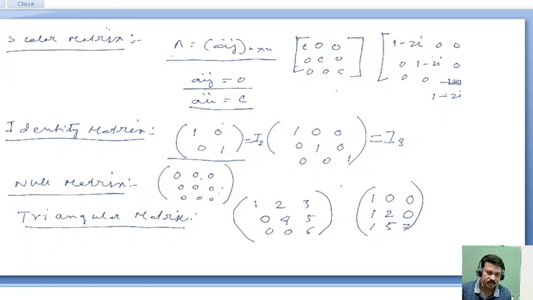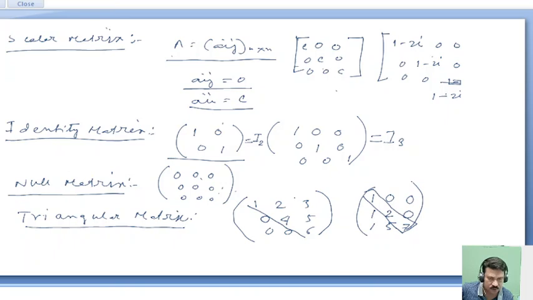Here we note that the elements below the main diagonal are all 0, and in the other one the elements above the main diagonal are all 0.